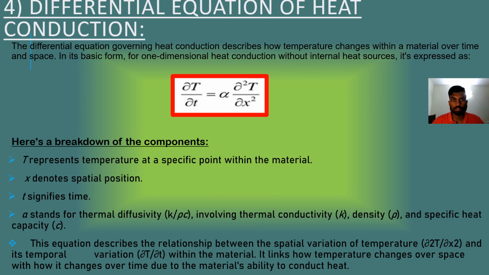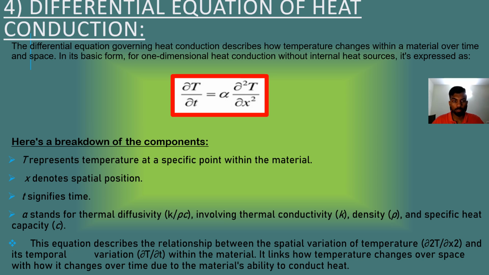So let's discuss the differential equation of heat conduction. The differential equation governing heat conduction describes how temperature changes within a material over time and space. In its basic form, one-dimensional heat conduction without internal heat source is expressed as ∂T/∂t equals α ∂²T/∂x².